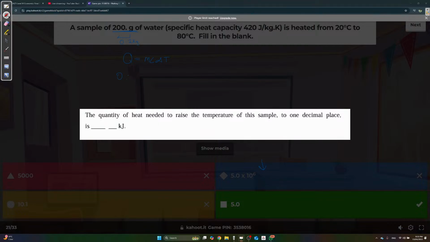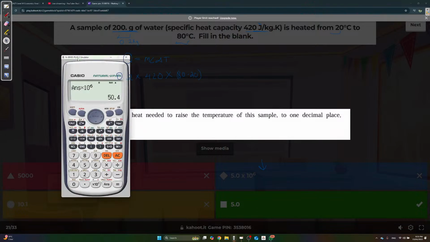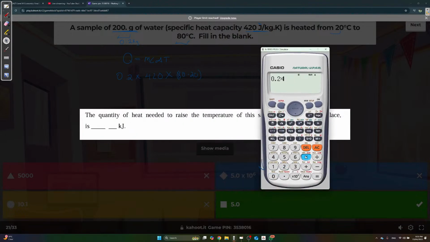Next, the specific heat capacity is fine. It should be kept in joules, so 420. And the change in temperature from 80 until 20, you put this in your calculator, 0.2 times 420 times 60, you get 5040.